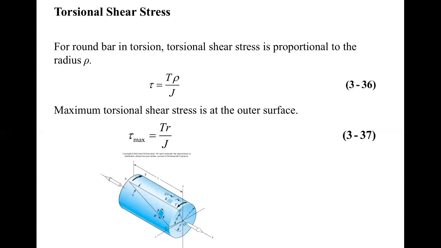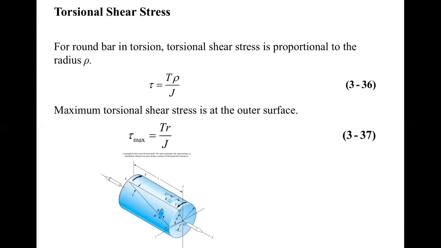So based on what I told you, when you design any mechanical components, from common sense, you feel like the surface point is important. Why? Because under the bending moment and under the torsion, most likely they have maximum normal stress and maximum shear stress. So you have to be very careful about the surface.